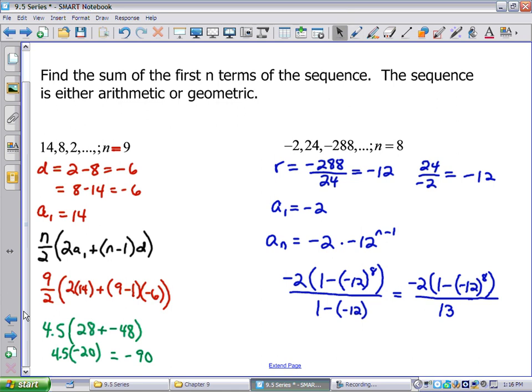Okay, so typing it in the calculator, you want it to look just how the numerator does and use parentheses and then divide it by 13. Your sum here will come out to be 66,151,030.